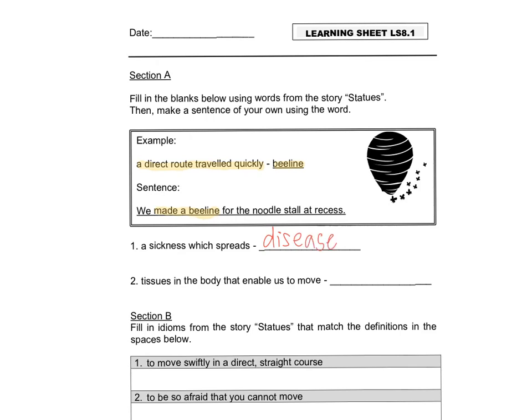Now why is that so? If you check in your statues reader on page 3, there is this phrase on line 21, making the pink chrysanthemum sound like a disease. Okay, the phrase sound like a disease is an idiom, because it is now used in a figurative language.